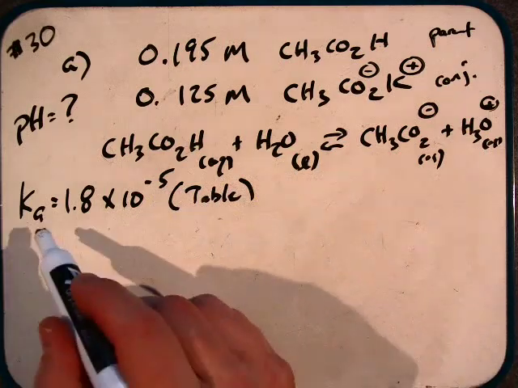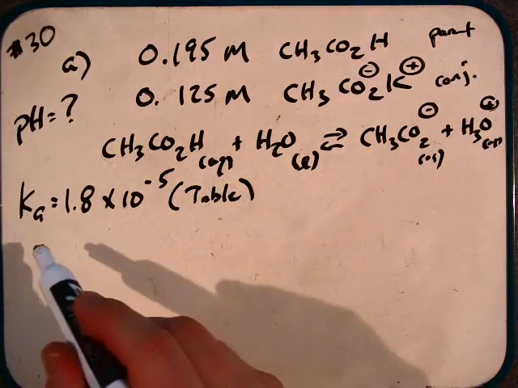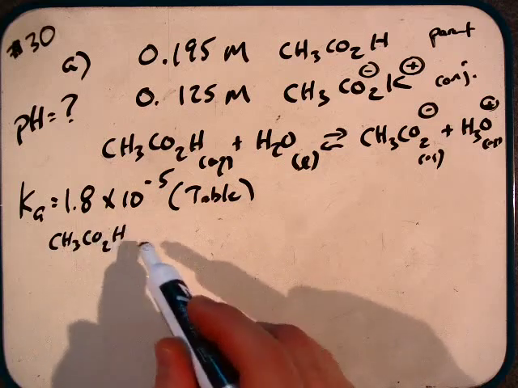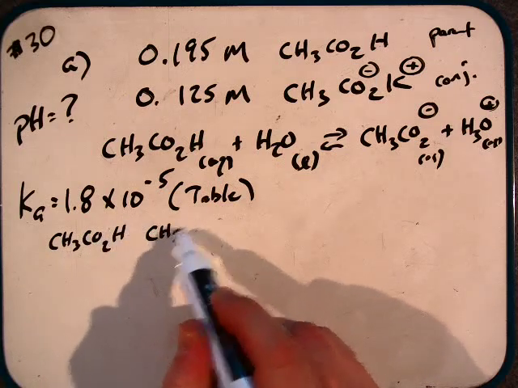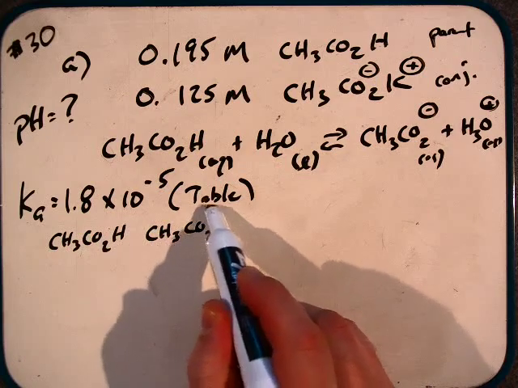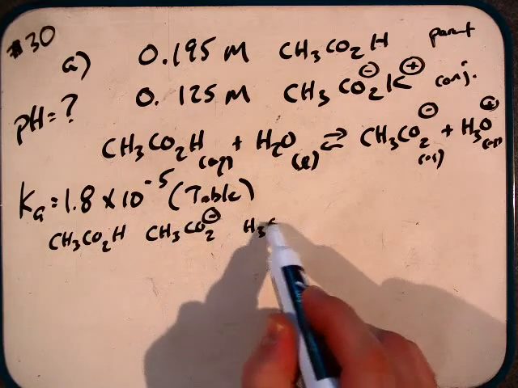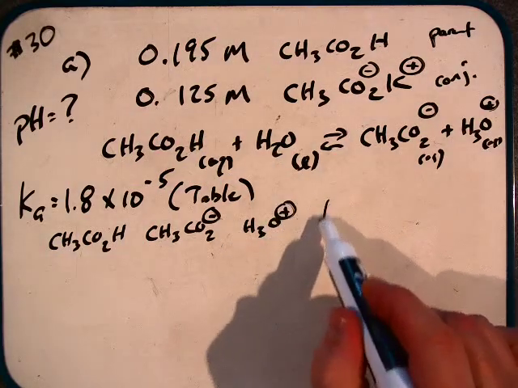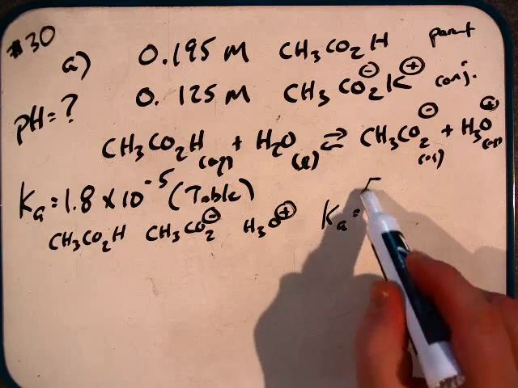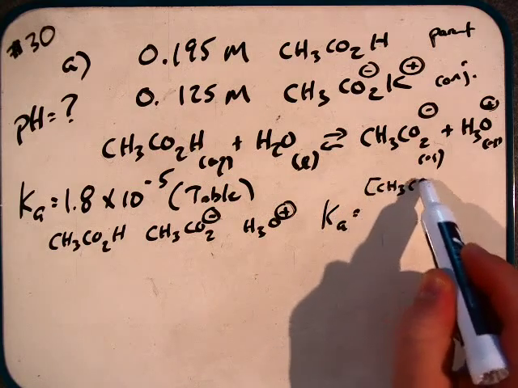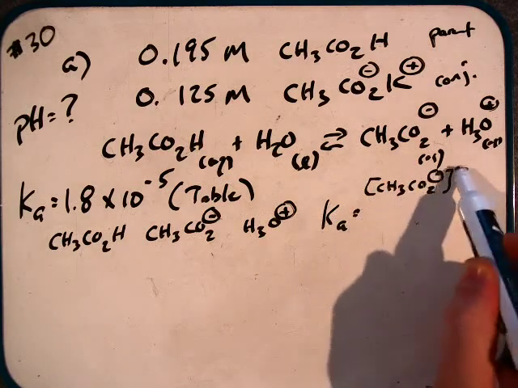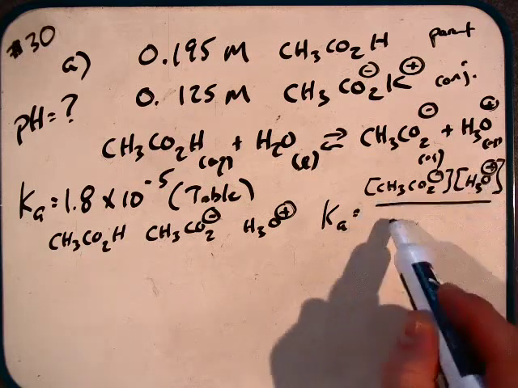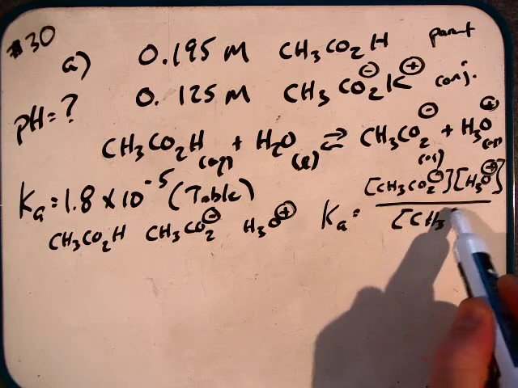Now that we know the equilibrium, we can simply write our ice table for the major players of our equilibrium constant. Remember, our Ka is going to equal our products over our reactants.